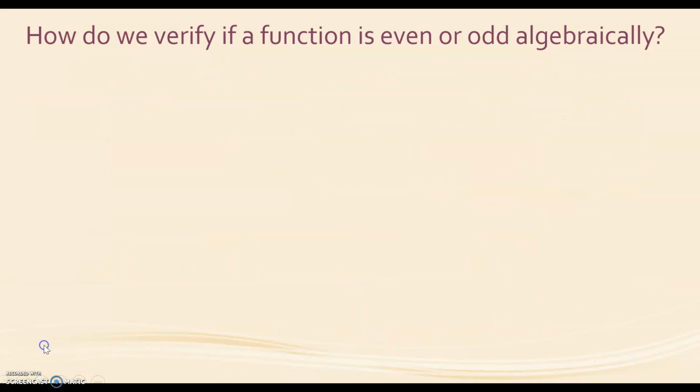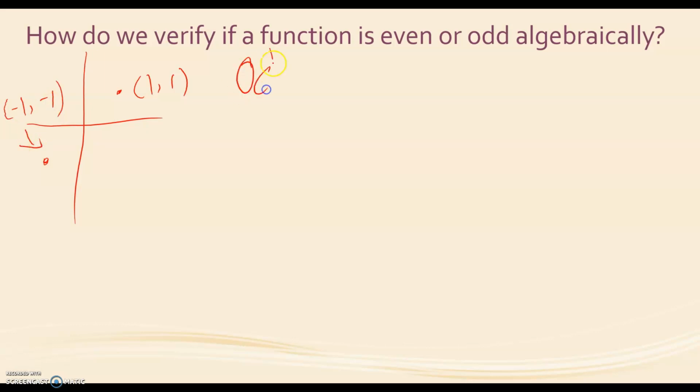What about odd functions? If you remember, odd functions are symmetrical about the origin, which means if I were to have a point here, let's say at (1, 1), to be symmetrical about the origin, I should have another point not in the second quadrant, but in the third quadrant, and this point should be read as (-1, -1). So what do we notice?